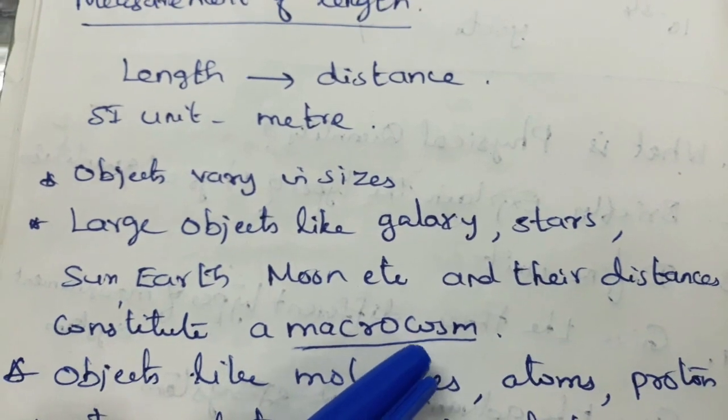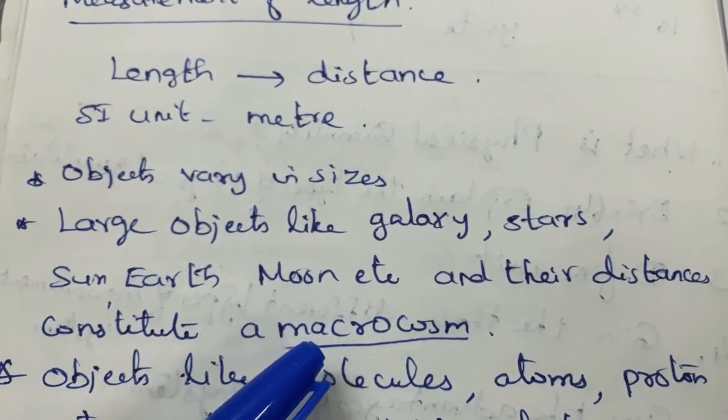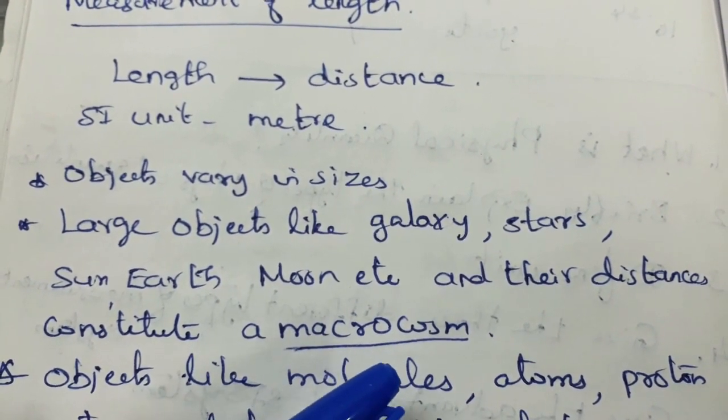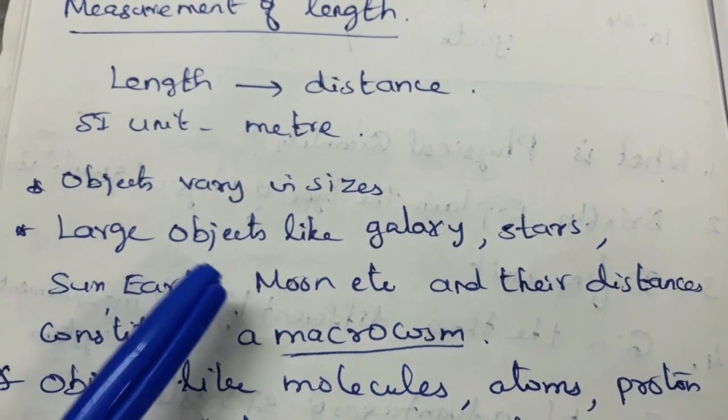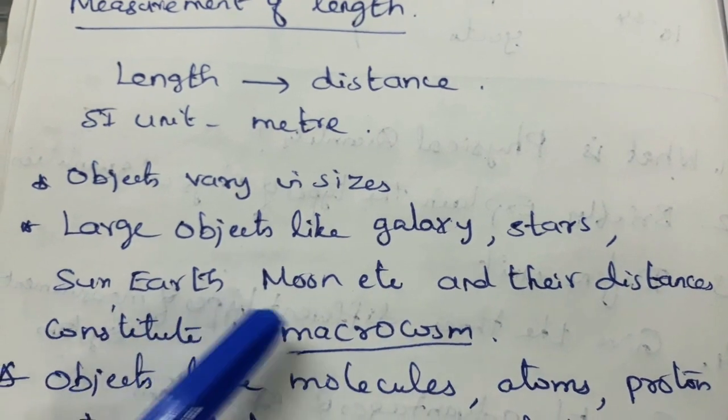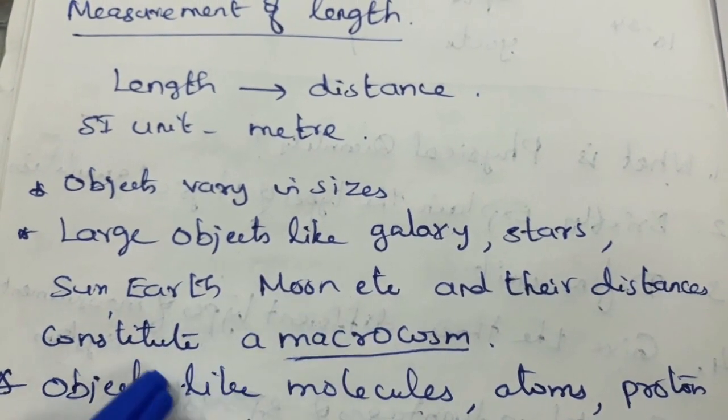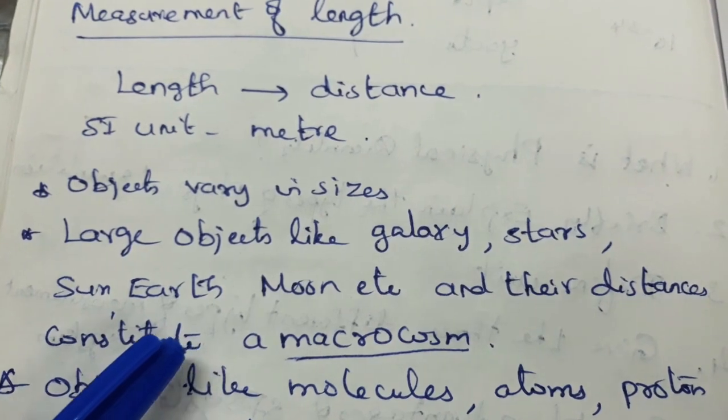Macrocosm refers to the large world in which both objects and distances are large.